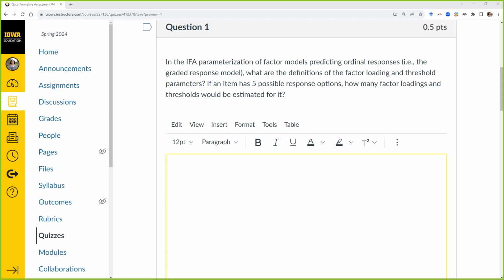And so when we're looking at a situation where an item has 5 possible response options, how many factor loadings and thresholds would be estimated? Anyone in class would like to respond?